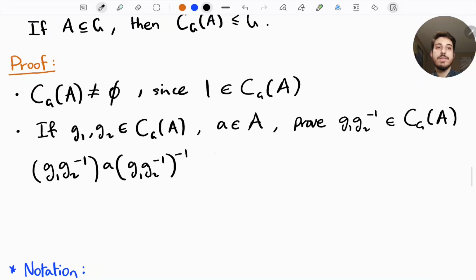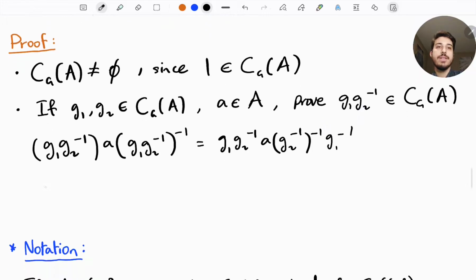So this is equal to g1 g2 inverse times a times g2 inverse inverse, g1 inverse, and this is equal to g1 g2 inverse a g2 g1 inverse. And now let us group the elements in the middle. And we know that this here is equal to a.